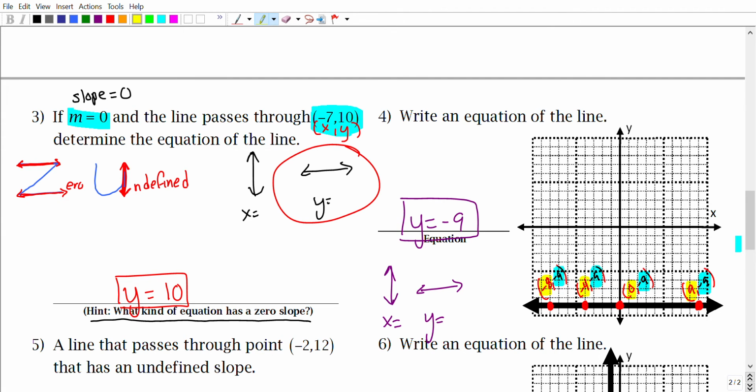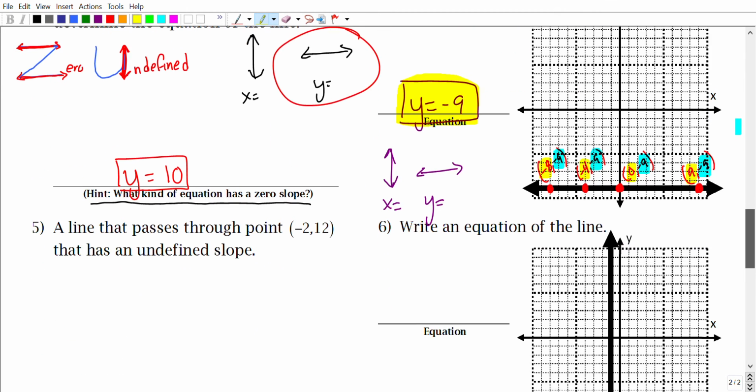Those are okay to change because we're just moving left and right on the x-axis. But the y never changes. It always remains a -9. So because the y never changes, then the y is always equal to -9. That's how we write an equation of a line for a horizontal and a vertical line.